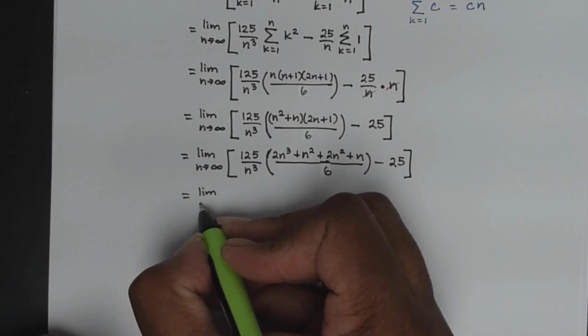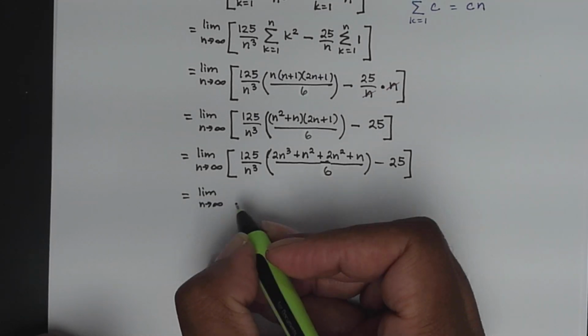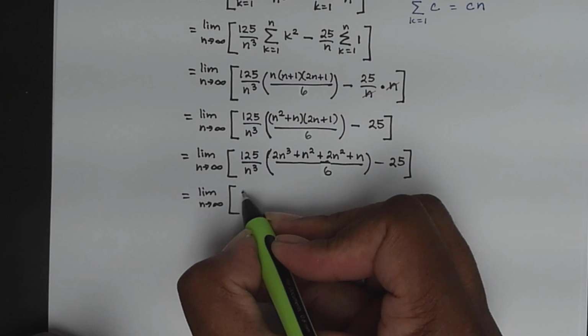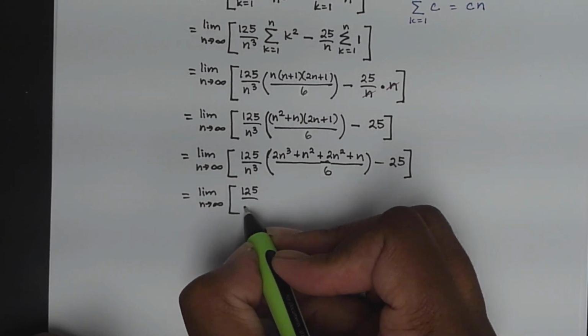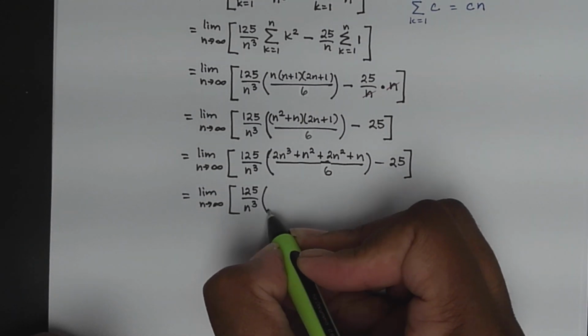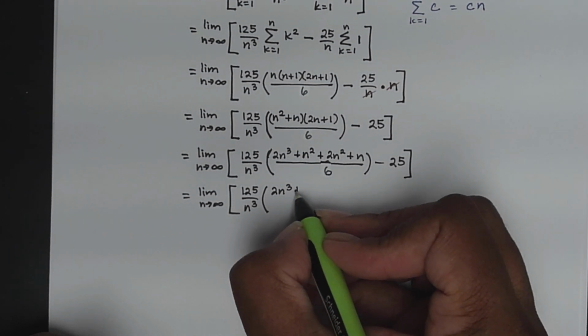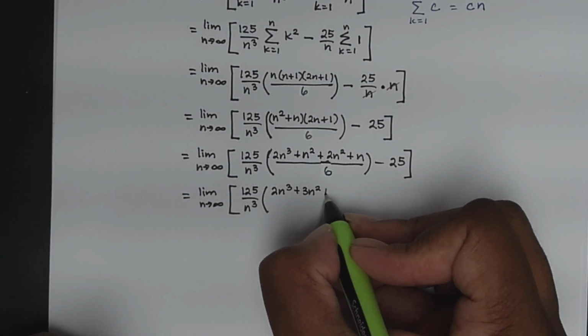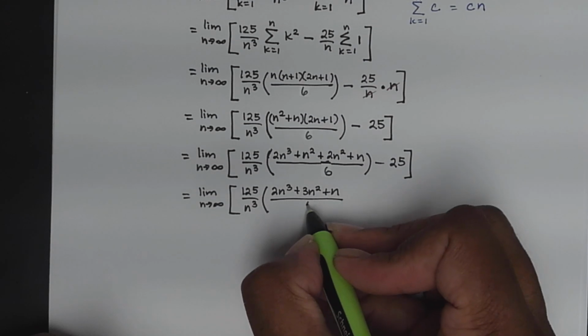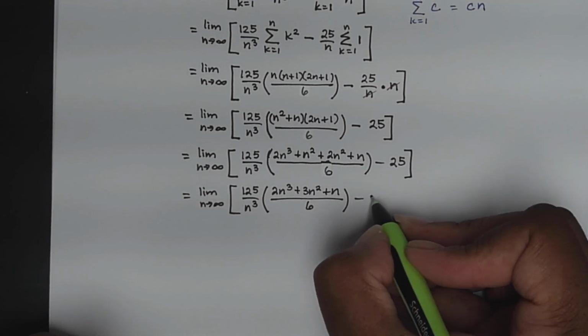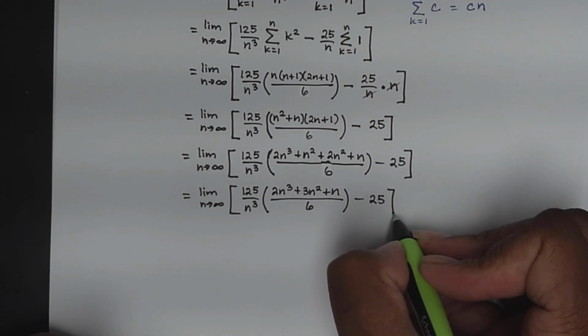So now the limit as n approaches infinity of 125 over n cubed times 2n cubed plus 2n squared plus 3n squared plus n, divided by 6, and then minus 25.